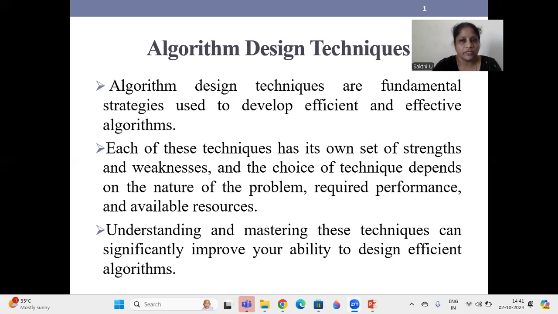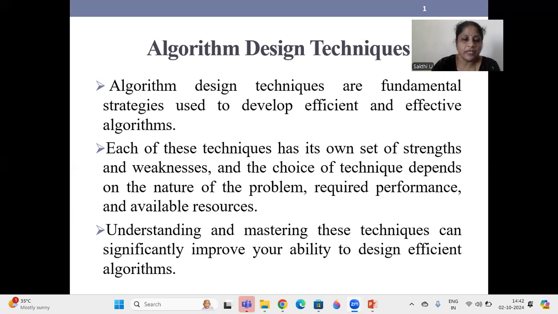solve the problems. Algorithm design techniques are fundamental strategies used to develop different efficient and effective algorithms. Each of these techniques has its own set of strengths and weaknesses, and the choice of technique depends on the nature of the problem, required performance, and available resources.